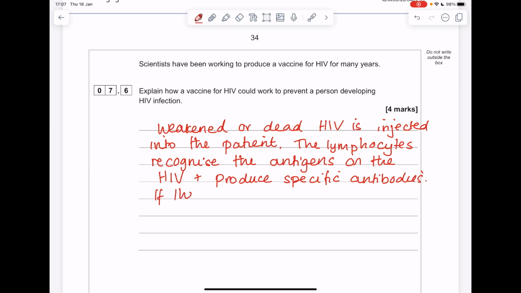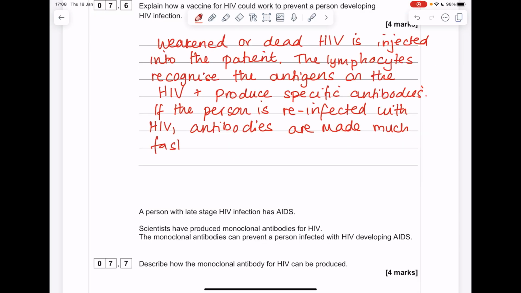If the person is reinfected with HIV, the good thing about vaccines is that this time antibodies are produced much faster, sooner, and in greater quantity. These antibodies kill the HIV.